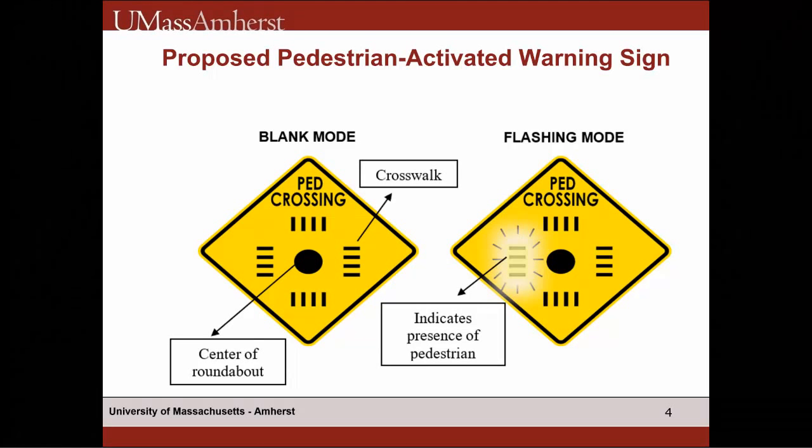When it's in the blank mode, it's saying that it's less likely that there is a pedestrian at the crosswalk. However, when it's flashing and activated, it means that there is absolutely a pedestrian at the crosswalk.